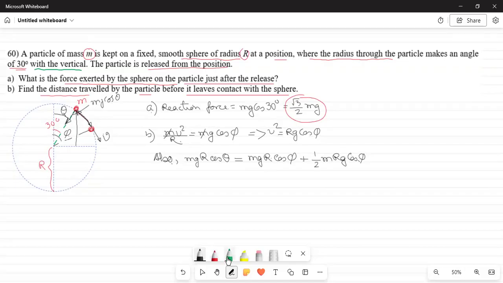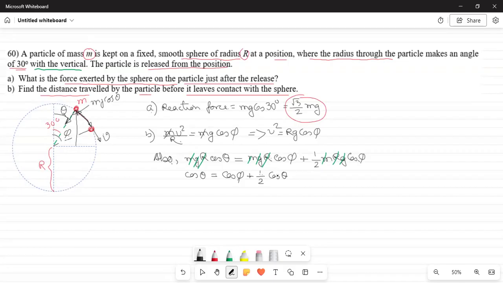Now in this equation, all mgr gets cancelled. So here we have only cos theta is equal to cos phi plus half cos phi.